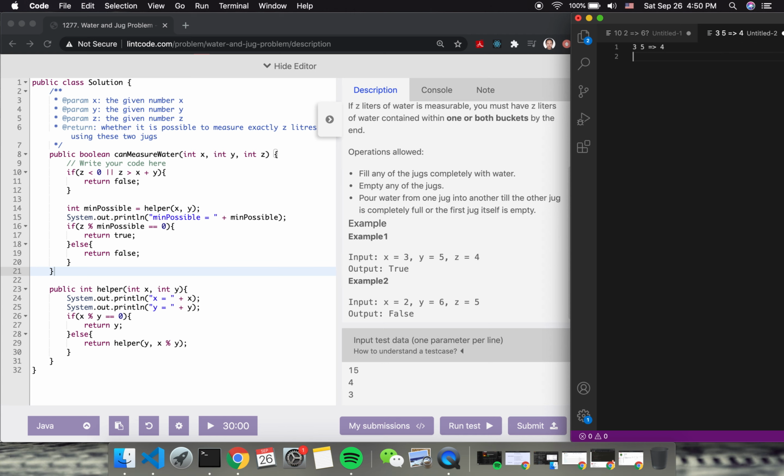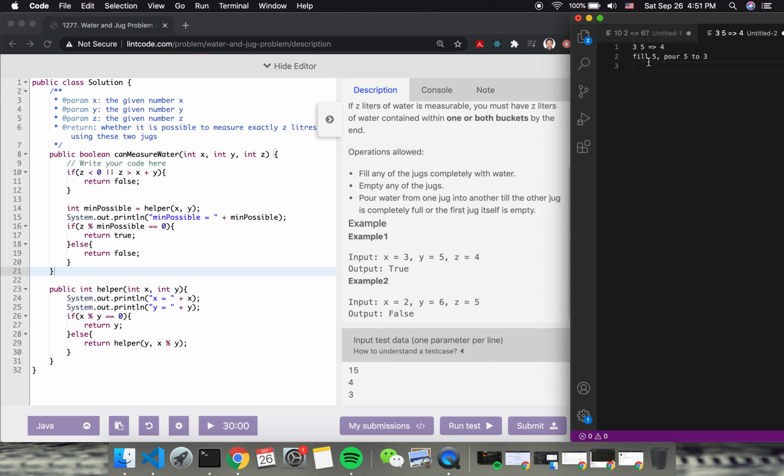In this case, we notice if we fill up the 5 and then pour into the 3, then in the 5 liter bottle we have a 2.